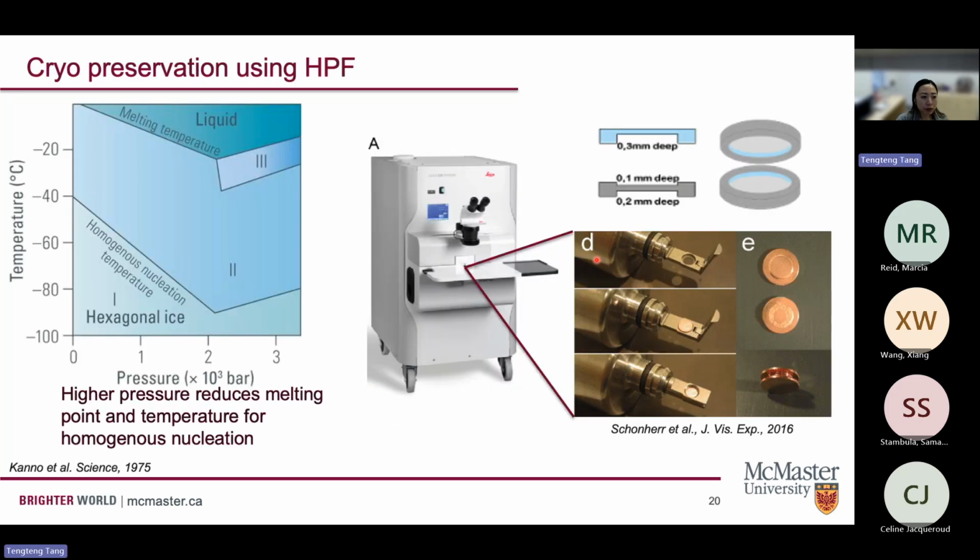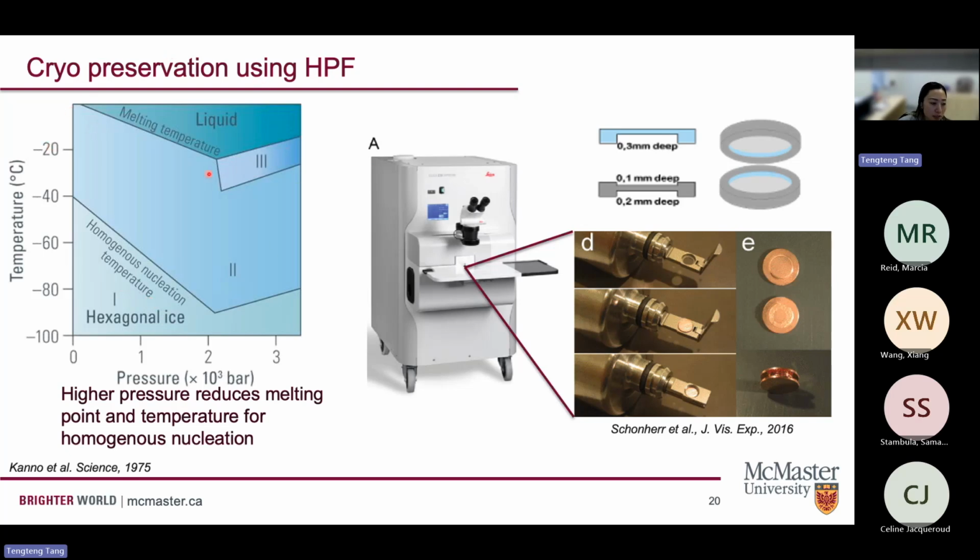But if you have thicker tissues, about 200 to 300 micrometers, that won't be suitable for plunge freezing. In this case, you have to add higher pressure, because higher pressure can also lower the freezing point of the water.